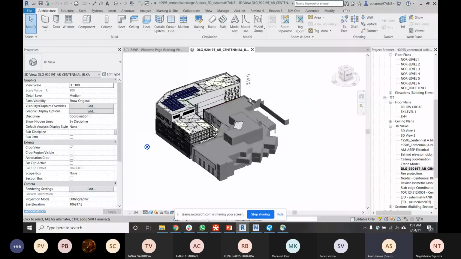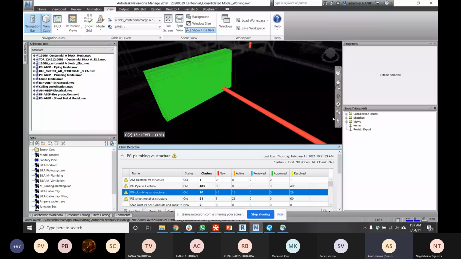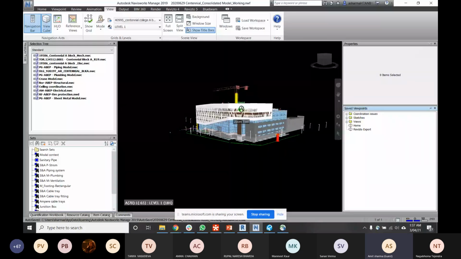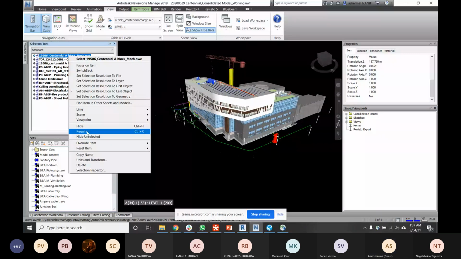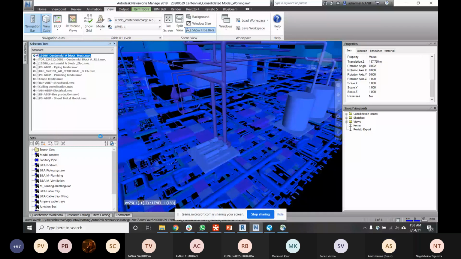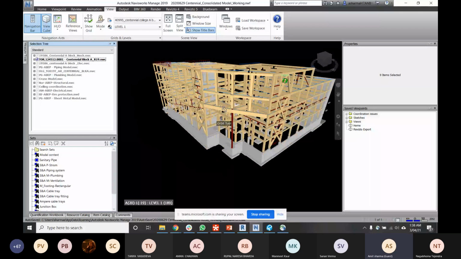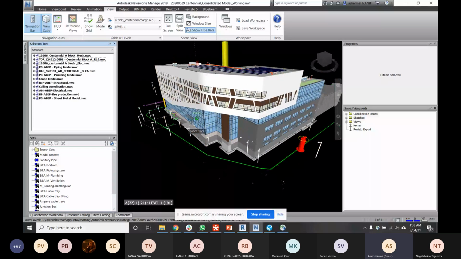Then I download these models and export them into software called Navisworks. In Navisworks, I have everything. I have a mechanical model, everything in detail. I have a structure model. Usually what I do as a VDC coordinator here is get models from everyone.